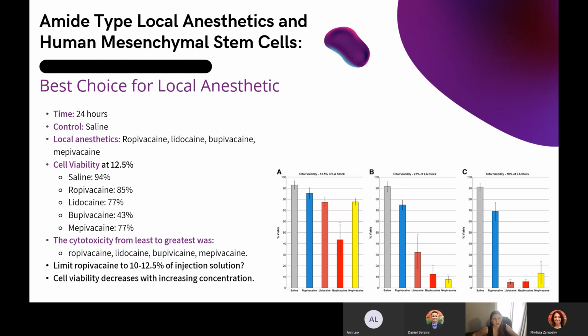This was not statistically significant. However, if you're looking at this just for what it is, it could be posed as an argument that 10 to 12.5% would be recommended, because 94% versus 85% could cause significantly better results in your patients if you had less ropivacaine in your solution.